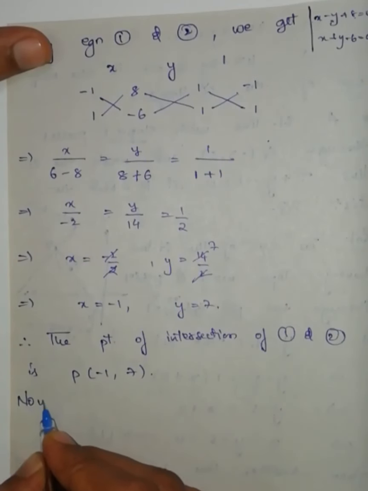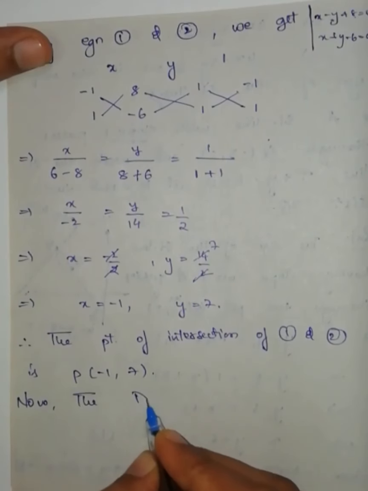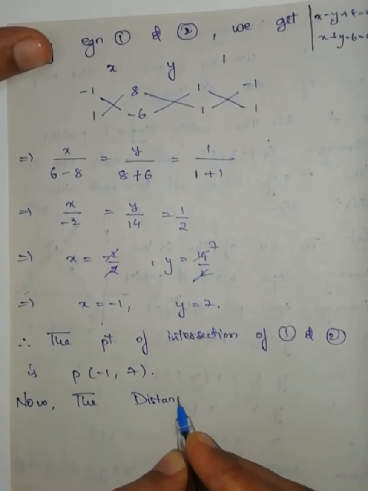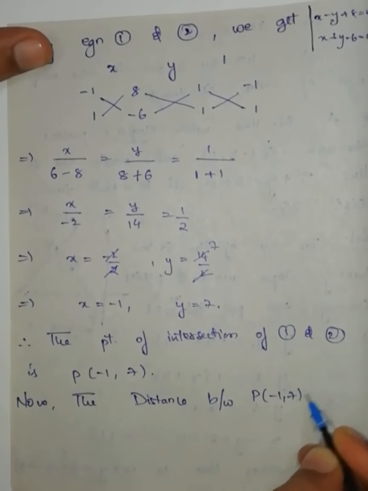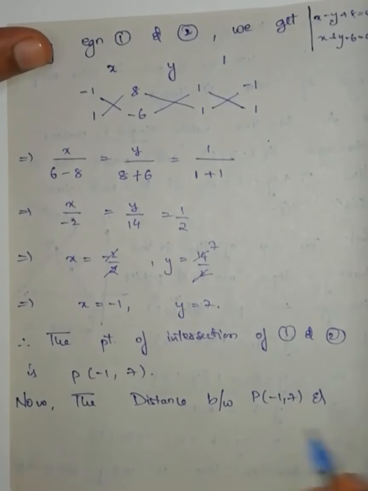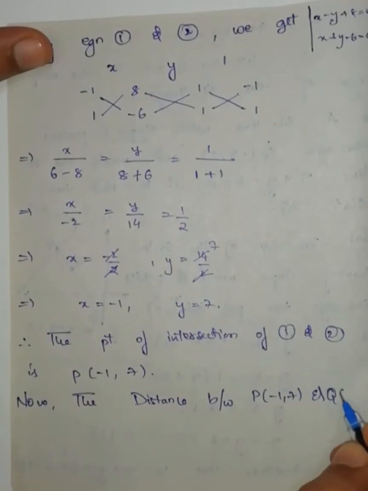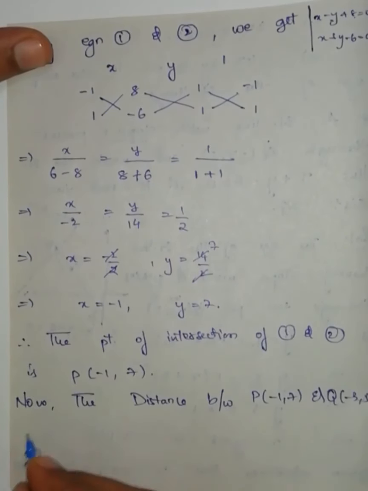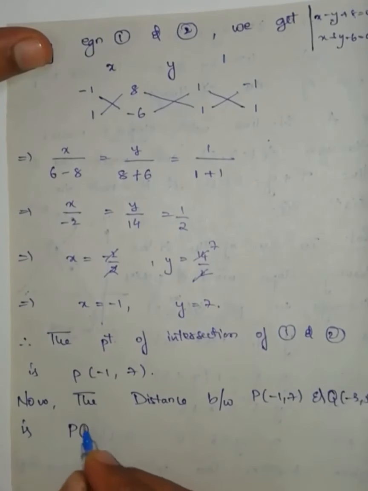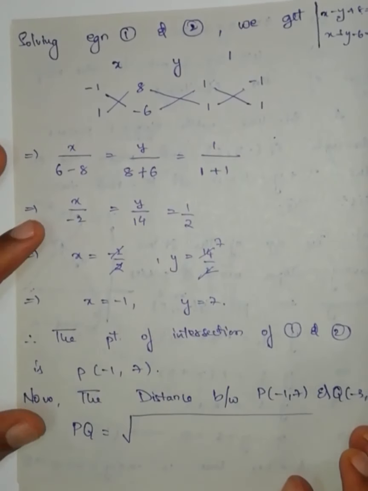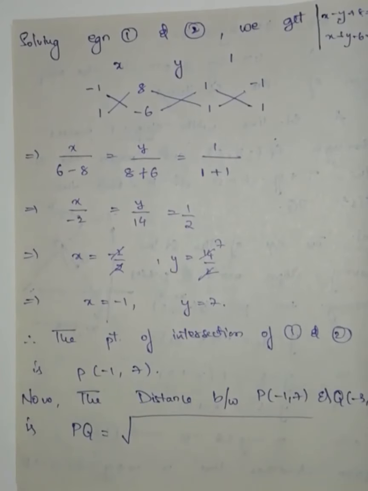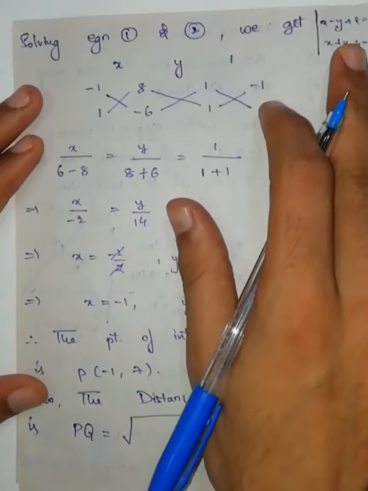Now the distance between P of minus 1 comma 7 and Q of minus 3 comma 5 is PQ is equal to under root, the distance between 2 points is under root x2 minus x1 whole square plus y2 minus y1 whole square.